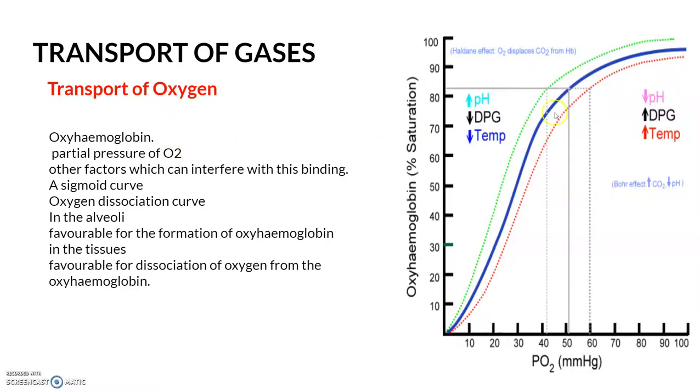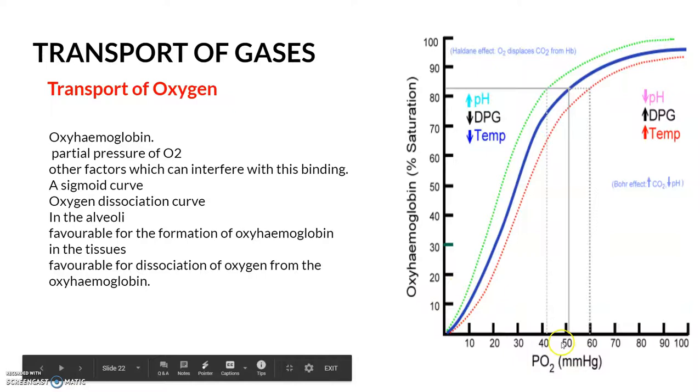A sigmoid curve is obtained when the percentage saturation of hemoglobin with oxygen is plotted against the partial pressure of oxygen, which is in millimeters of mercury.